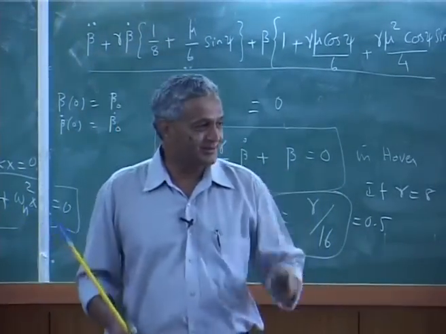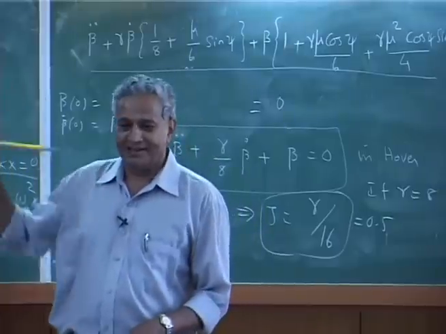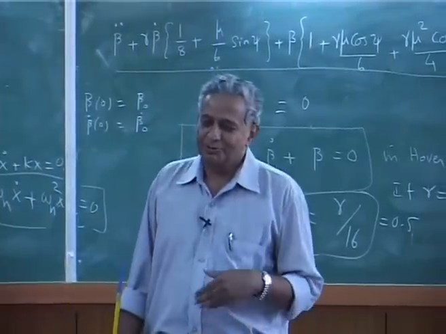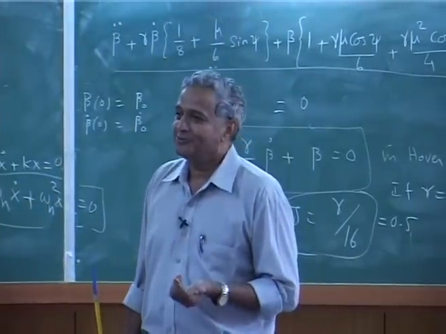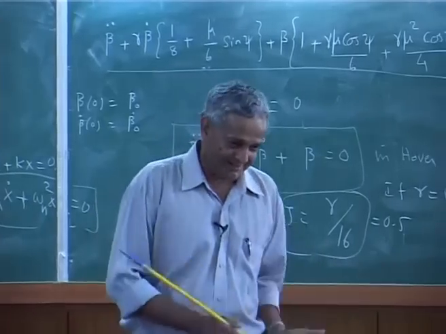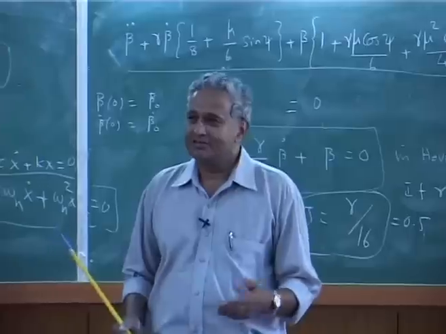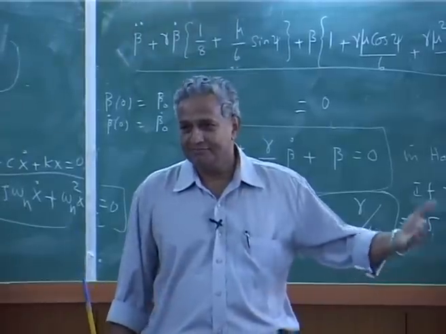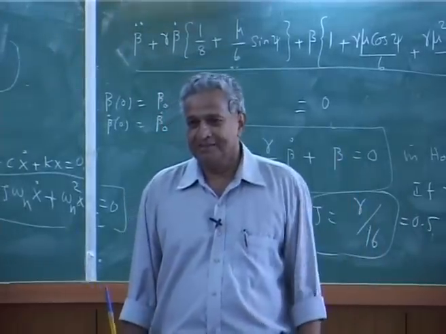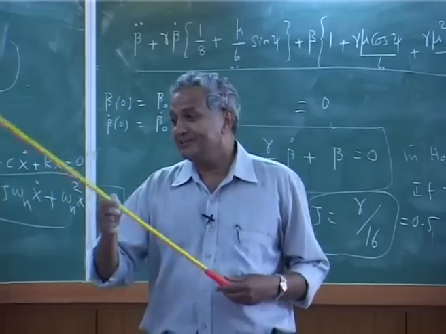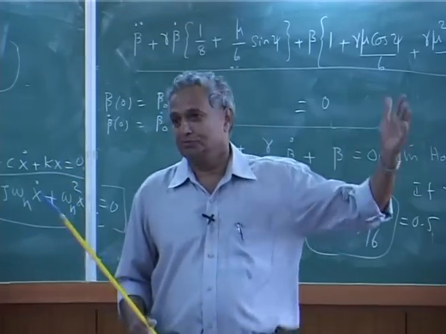You give a disturbance, it will keep on oscillating. But you don't go to that value of mu in helicopter blades, because helicopters operate below 0.4 maximum. That kind of tendency comes with a high value of mu.